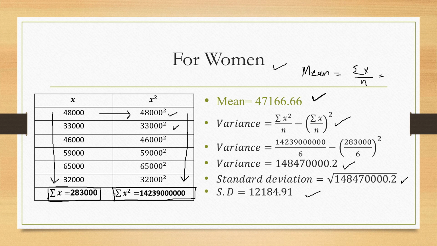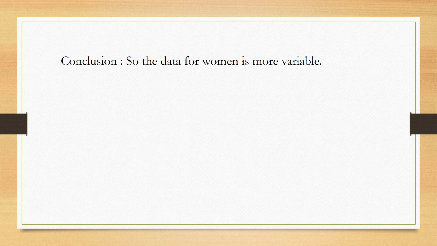Okay, for the women the standard deviation is 12,184.91, but for the men it was around 8,400 and something. So my dear student, the conclusion is that the data for the women is more variable.